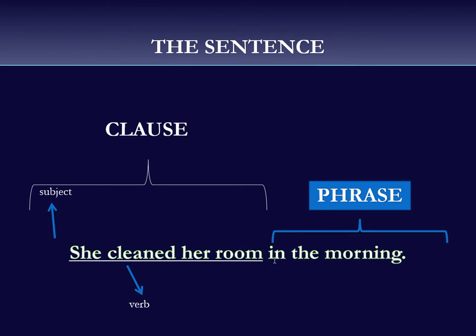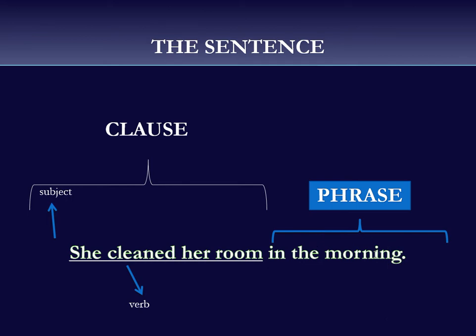Even if we remove this group of words, in the morning, she cleaned her room would make sense and can make a sentence on its own. By adding in the morning, we tell more information about she, our subject. But if we keep in the morning, our phrase, alone and remove the clause from it, then on its own this phrase, in the morning, cannot mean anything.